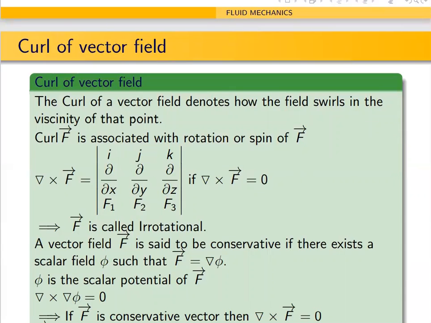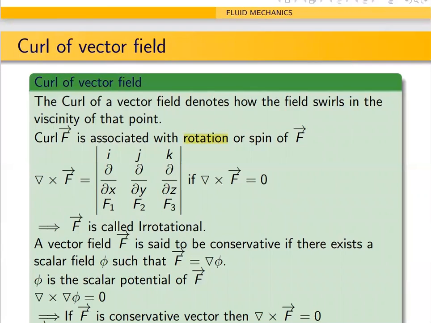Curl F is associated with the rotation or spin of that vector field F, denoted by curl F or del cross F. Del cross F is nothing but, in determinant form, the first row i, j, k, the second row dou by dou x, dou by dou y, dou by dou z, and the third row f1, f2, f3, the components of F. If del cross F equal to 0, then F is called irrotational.